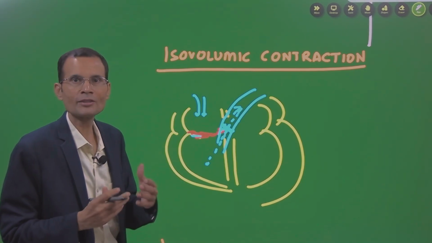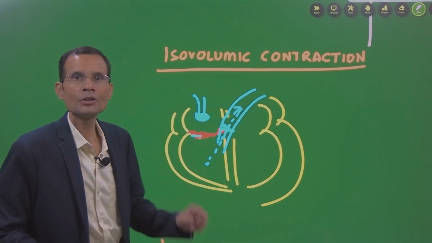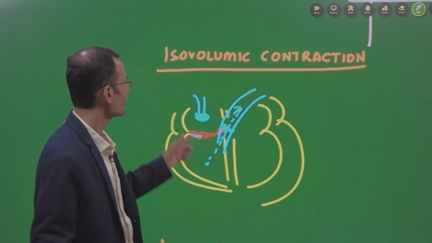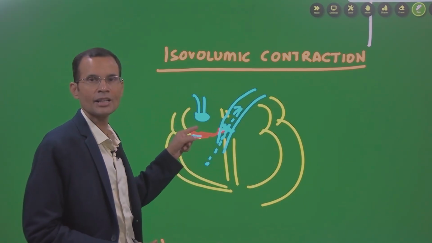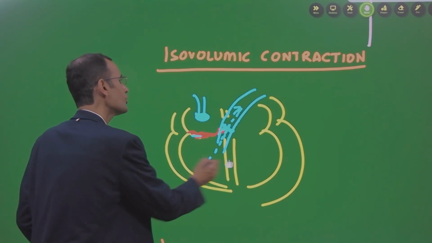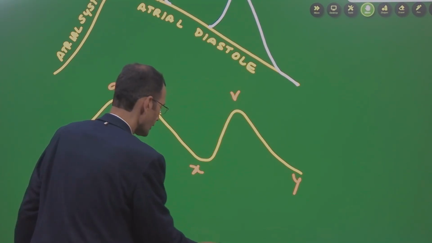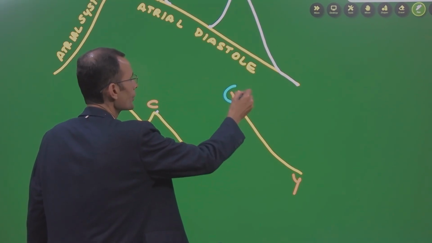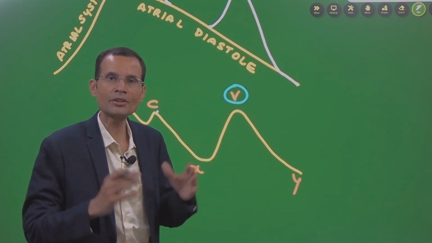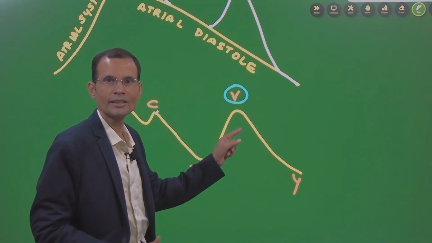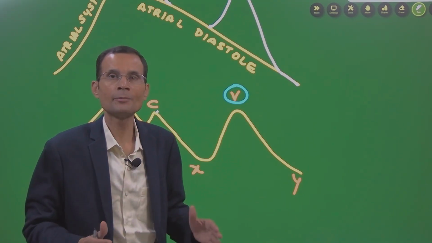So blood accumulates in the right atrium during isovolumic relaxation, and that accumulation of blood results in rise of pressure in the right atrium, which is the V wave. The upstroke, that is the V wave, indicates that the blood is accumulated in the right atrium and therefore pressure is rising because the tricuspid valve could not open yet.